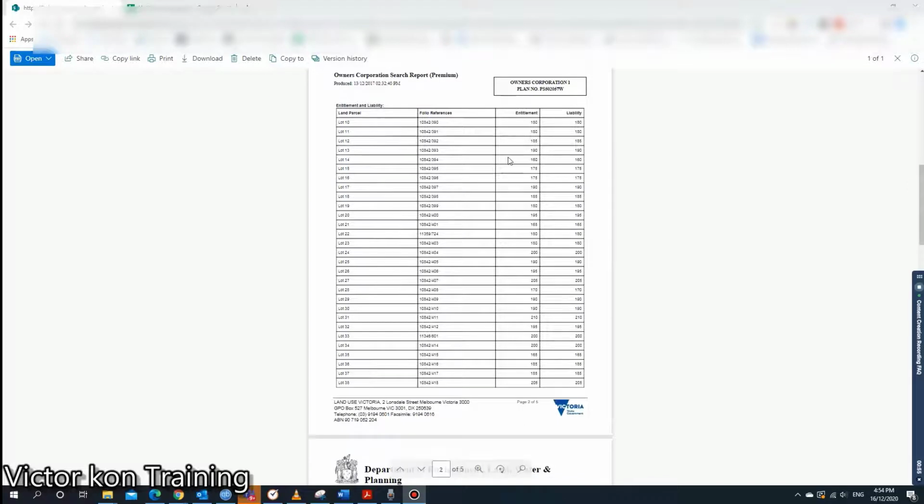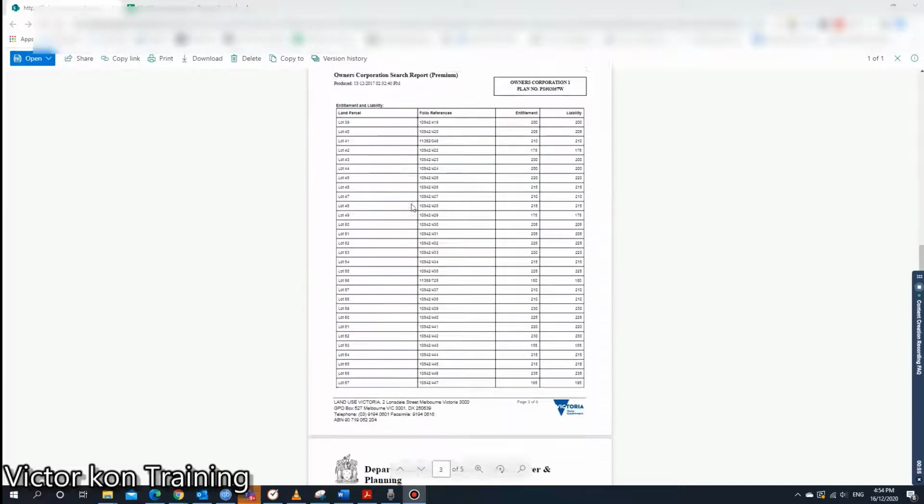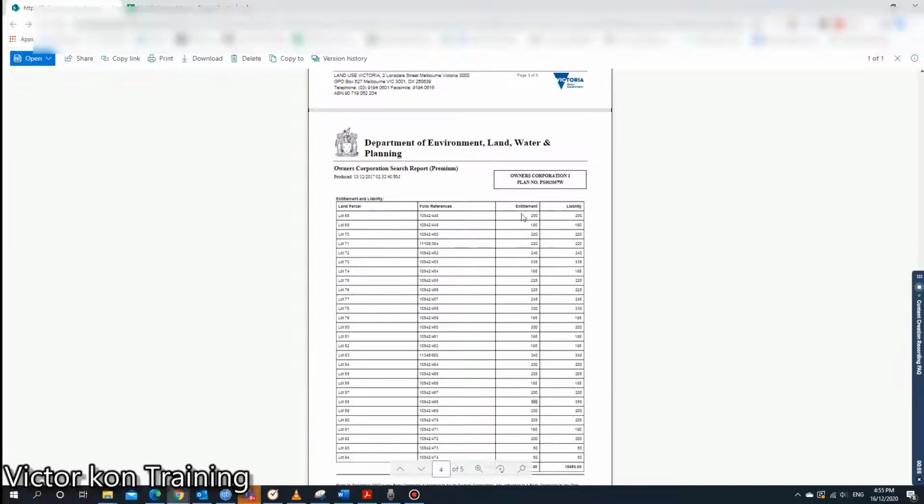Now, this may not apply to you. You have to get your own copy. This is just one of the properties that I'm looking after. But let's say that you are lot 82, or let's give a number, lot 88. Awesome number. And this is your legal folio number, as stated here, folio reference. This column is about your entitlement, and this column is about your liabilities.